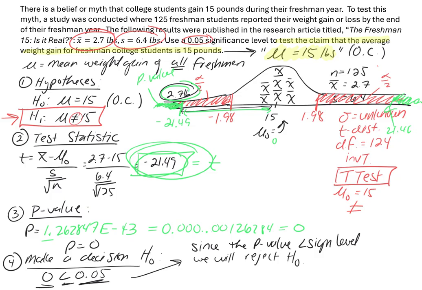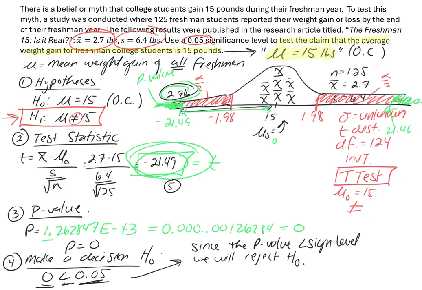Okay, all right, now we need to actually state our conclusion and write this all down so that it actually makes sense for any person reading the conclusion, all right? Because when you say the p-value is less than the significance value, we reject the null hypothesis, what on earth does that really mean? What it means is this.